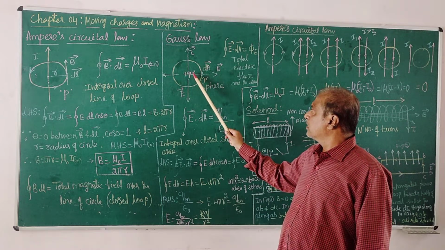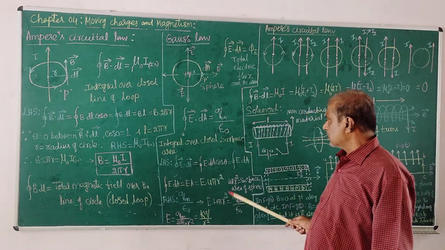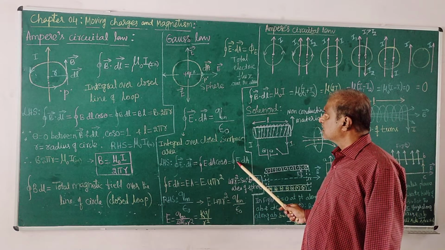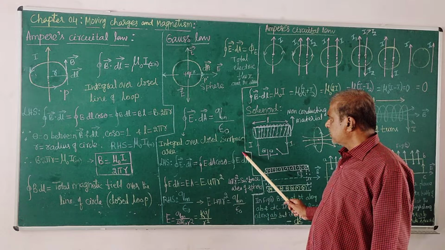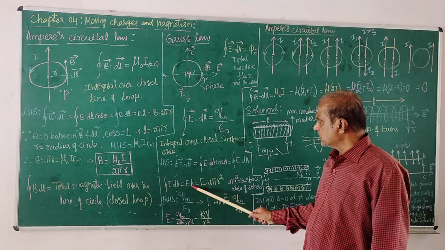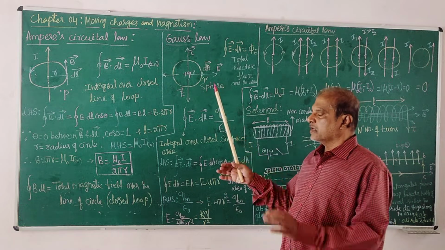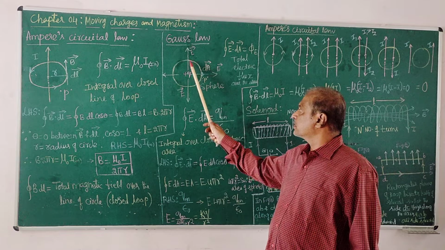E depends only on r. r remains constant, so E also remains constant. So the electric field is constant at all points. So finally we have the integration of dA. Integration of dA is A. What is A? It is a surface area, the entire spherical surface area of the sphere.